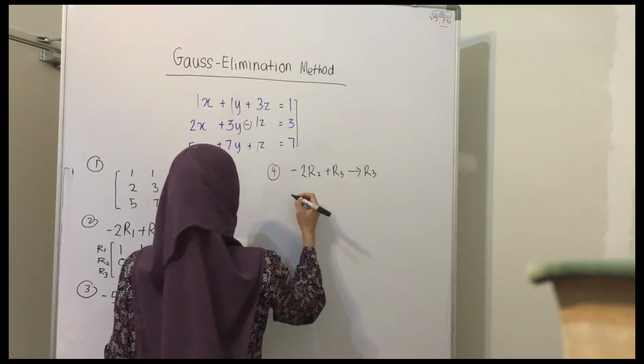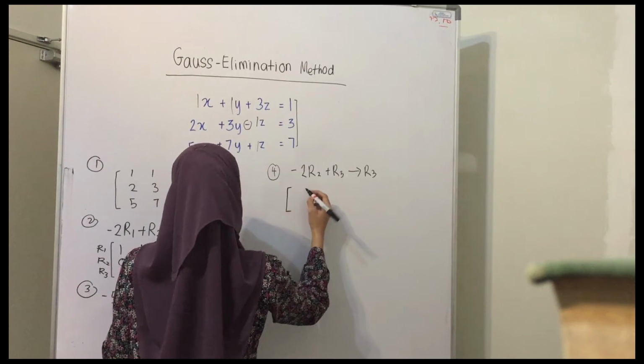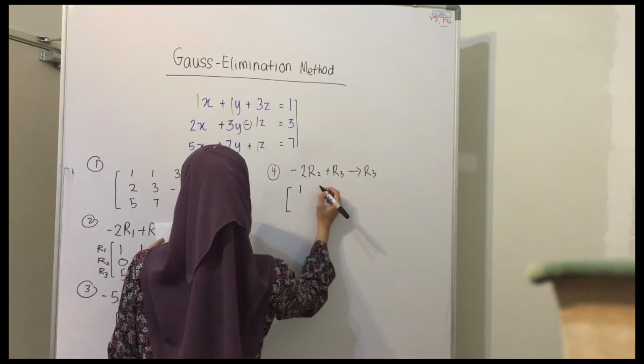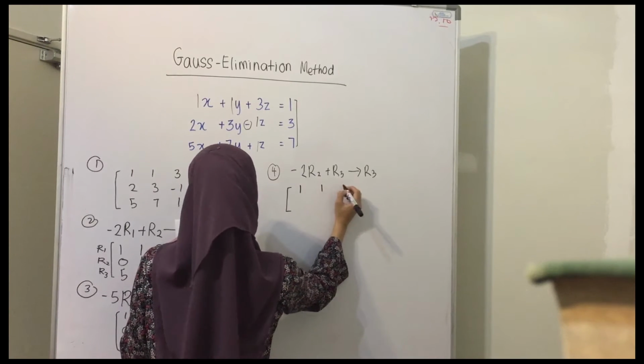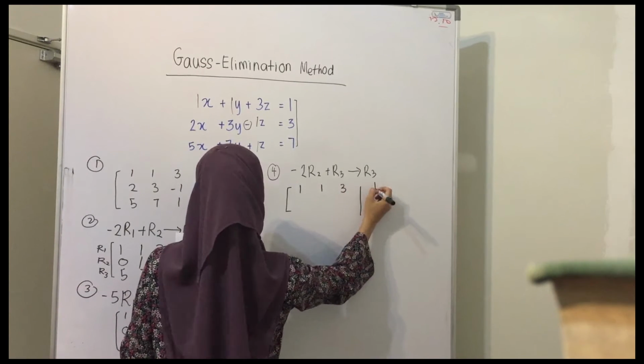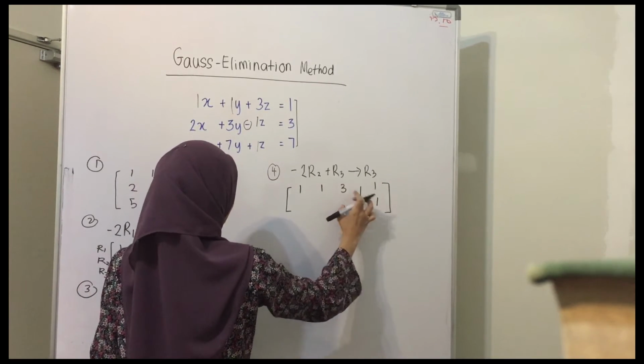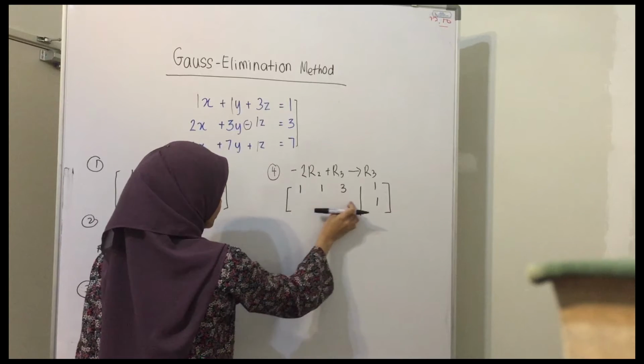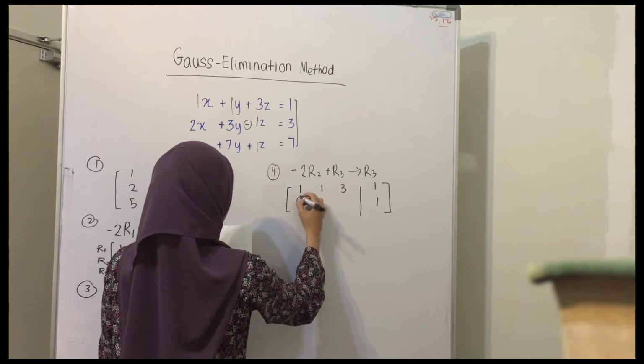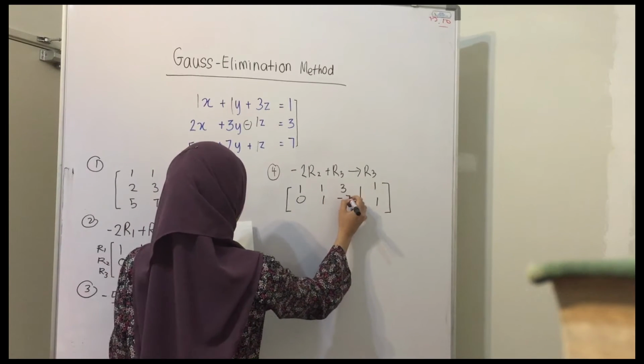Okay. Same as before, 1, 1, 3, 1, 1. Because R3 is changing, so we write R1 and R2 first. 0, 1, and negative 7.